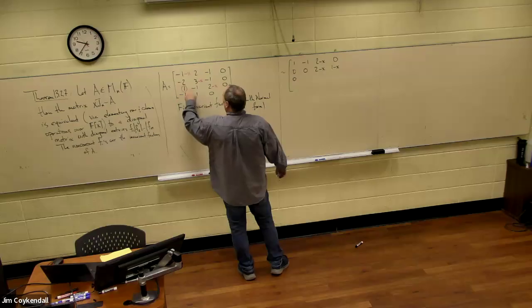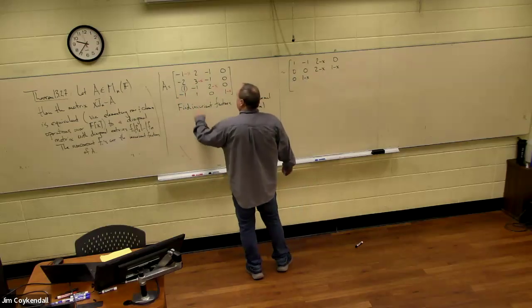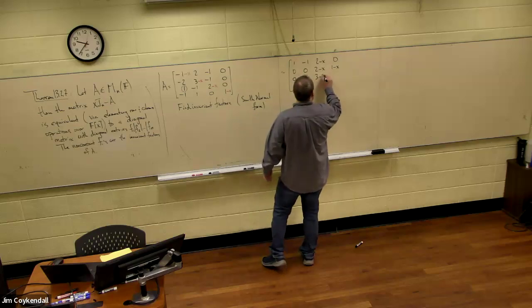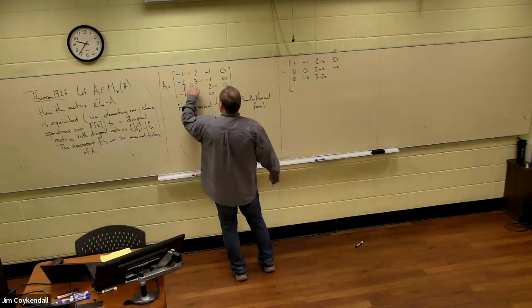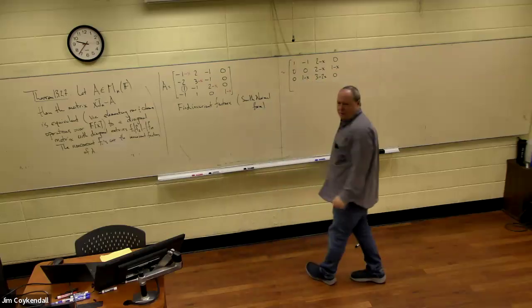Times 2 and add, that's going to be 1 minus x. Times 2 and add, so that's going to be 3 minus 2x, and 0. Everybody agree with that one?